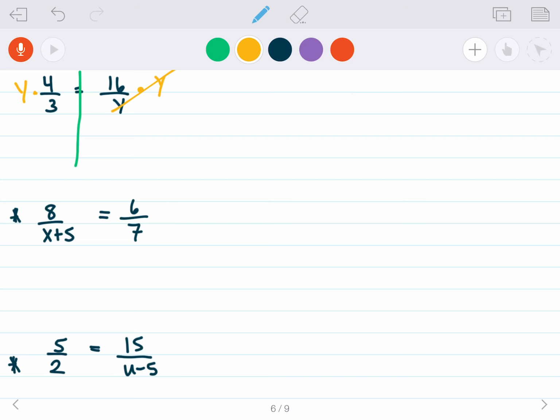So what I'm left with on the left is y times 4 over 3. Actually, I'm going to rewrite it. I have y times 4 over 3 is equal to 16. Now remember what we can do. On the left, I have multiplication by 4/3 to get rid of. But remember what you can do is you can do this all in one swoop and cancel this out by multiplying both sides by its reciprocal.